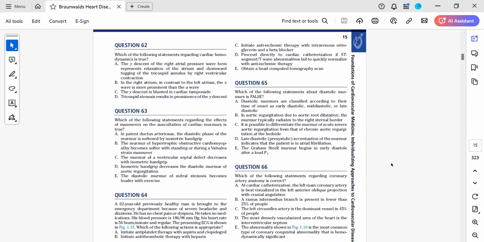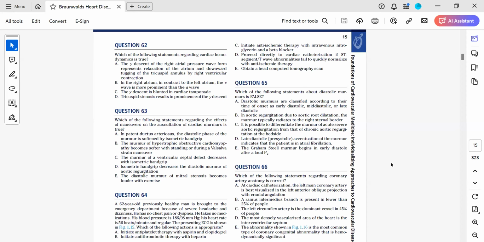B. In the right atrium, in contrast to the left atrium, the V wave is more prominent than the A wave. C. The Y descent is blunted in cardiac tamponade. D. Tricuspid stenosis results in prominence of the Y descent.